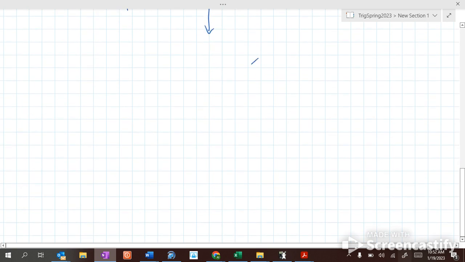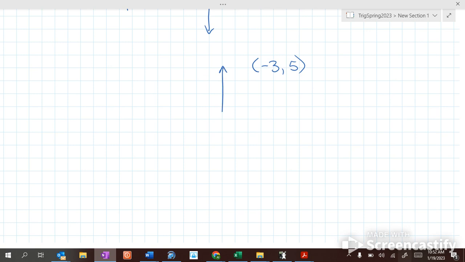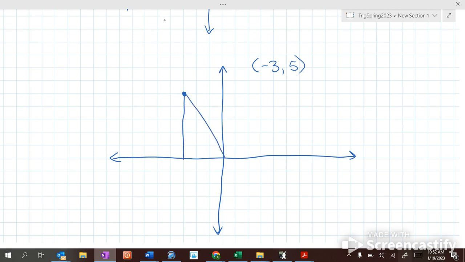Let's say we now have a point at -3, 5. Now this one's going to involve radicals. So, draw where we're at. -3, 5. You draw from your point straight to the origin and then down to the nearest x-axis.